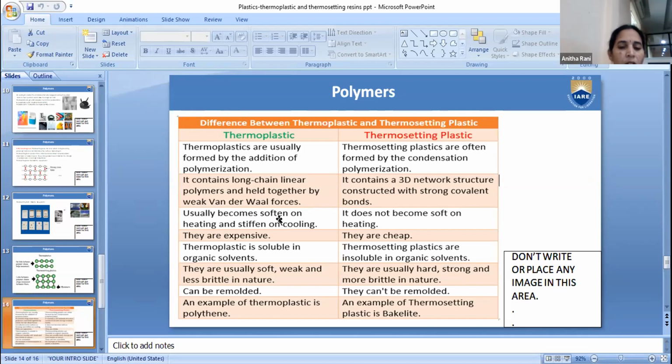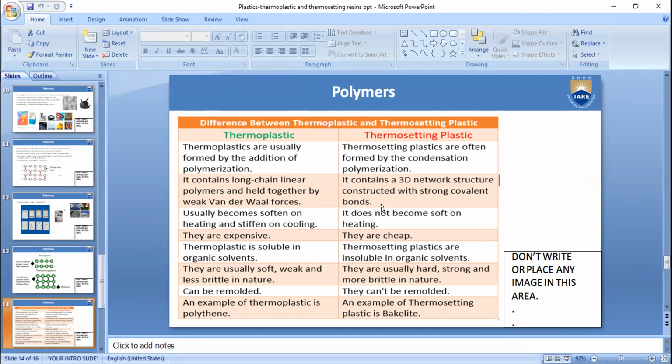Why does it become soft when we heat it? Because of the weak van der Waals forces, we can easily break those weak bonds and get a soft material, and we can go for remolding or reshaping. After reshaping, when we cool it, we get a hard product. Yes or no?